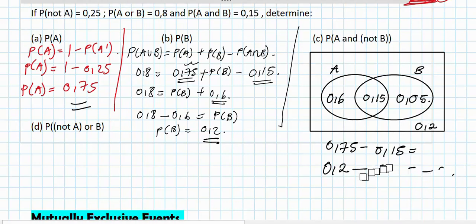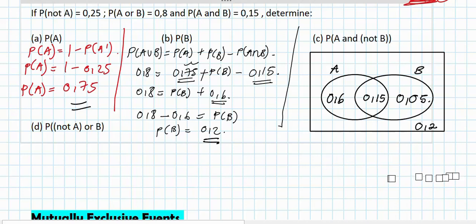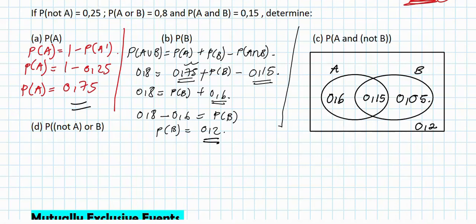Let me erase that. We want to answer the question. We haven't answered the question yet. And this question so far we've answered with the Venn diagram, so it's best I also do it for you with the Venn diagram. Now, what did the question want? They wanted what has to do with A and the intersection.